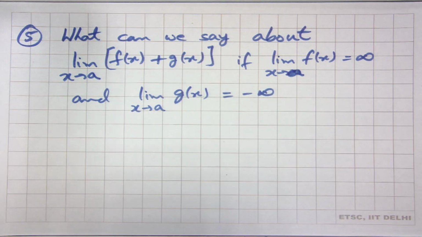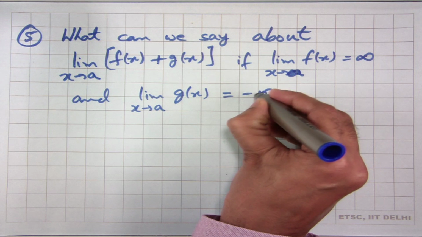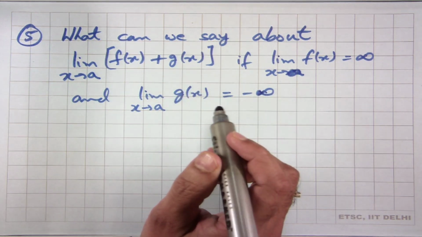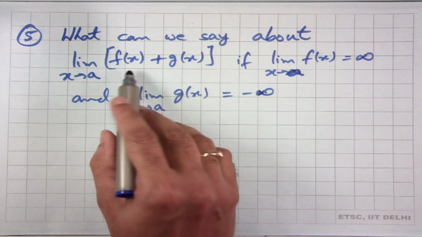So, in this case f x is approaching infinity and g x is approaching negative infinity. So, it is of infinity minus infinity form.